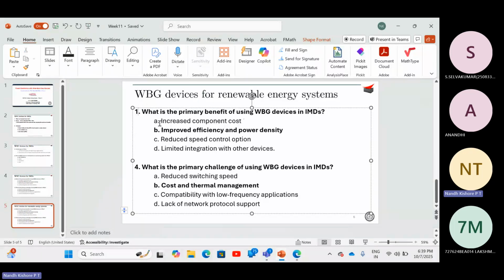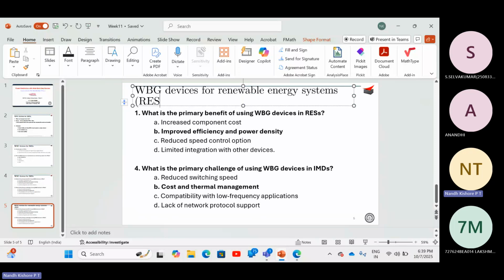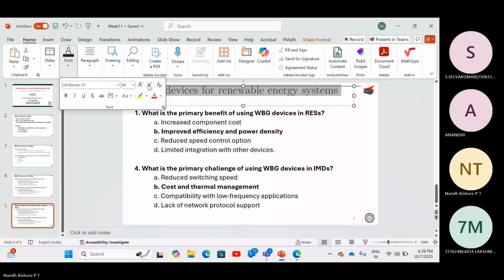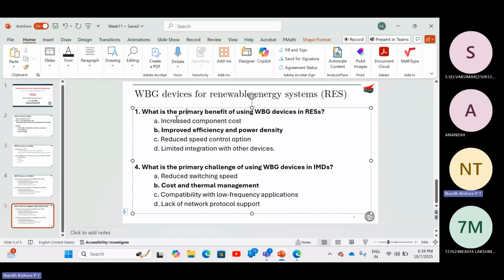The first question is very similar. What is the primary benefit of using WBGs in renewable energy systems? Okay, so what is the primary benefit?